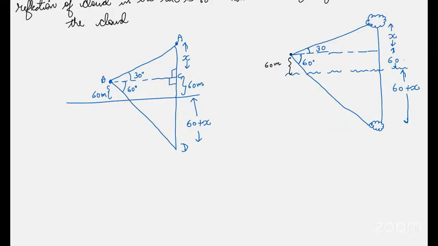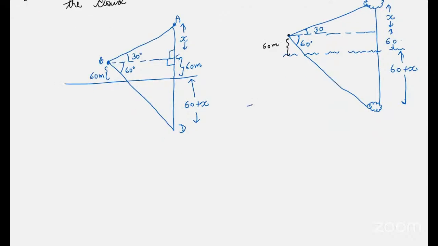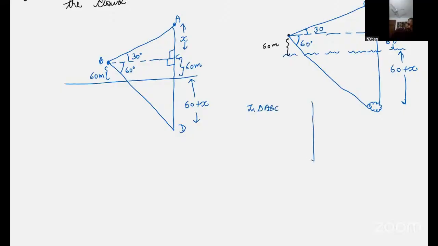In this we can take triangle ABC and triangle ABD. Triangle ABC you want to take, and triangle ABD. In ABD, what is the right-angled triangle?